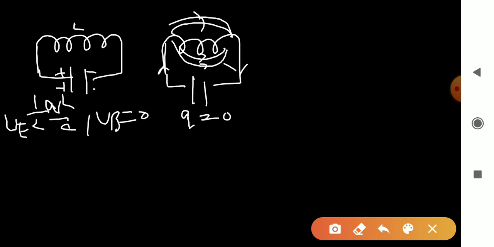In other words, the energy starts transferring from the capacitor to the inductor till the capacitor gets completely discharged and the energy stored in the capacitor is transformed entirely into the magnetic field energy of the inductor. So the discharging current in this circuit at this moment becomes maximum. So the energy stored in the inductor is magnetic energy, half L I naught square, and the electrical energy is 0. Clear?